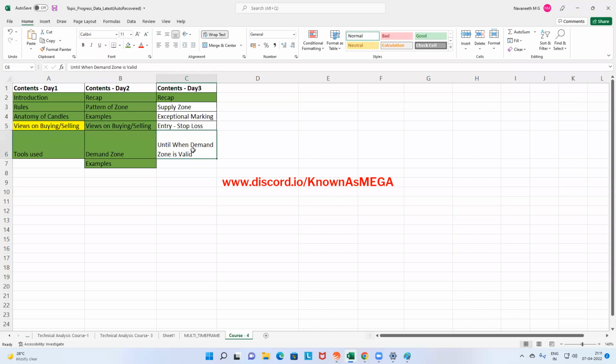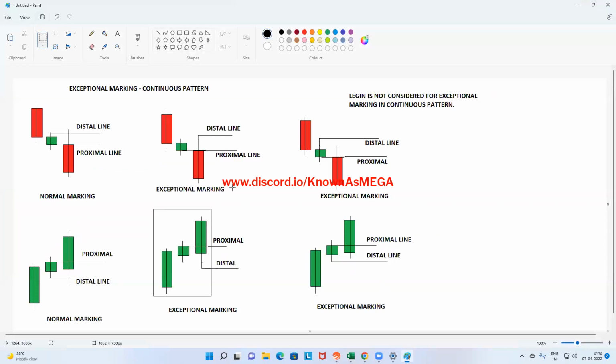Until when the zone is valid, if I teach you that today, you will be in a lot of mess and confusion. So I will keep that for tomorrow. Entry stop loss done, exceptional marking done, supply zone is done, recap is done. So I'll move this to tomorrow. Now go on, guys. Any doubts? Hope the screenshot is taken for this.